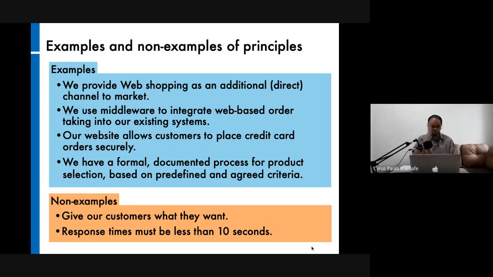Use middleware. The purpose is to integrate order taking, or gathering of orders, maybe from customers or from suppliers. It doesn't tell you the details of how it's going to be done, but you know more or less what's going to happen.